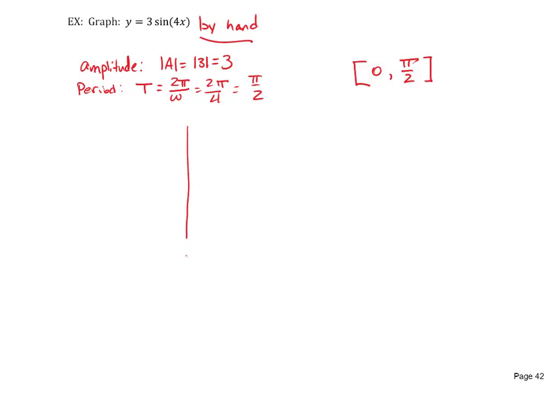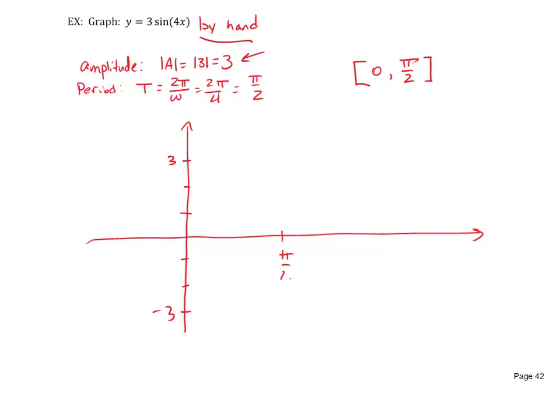All right, so let's draw my x and y axis. The height of my curve is determined by this number. So here's 1, 2, 3, and it's going to go down to -3. And let's go out to pi over 2. So you take that interval and you divide it into 4 equal pieces.